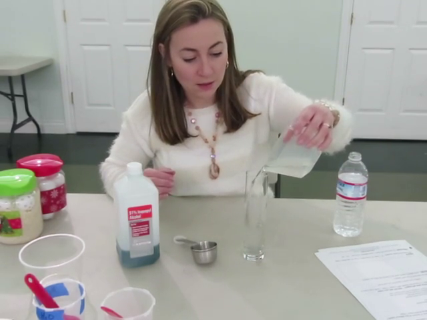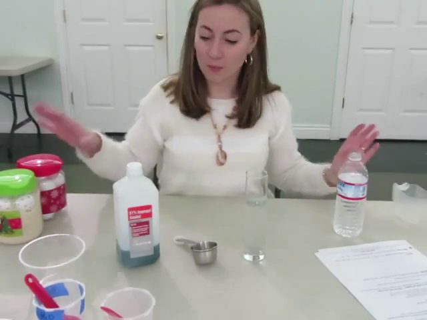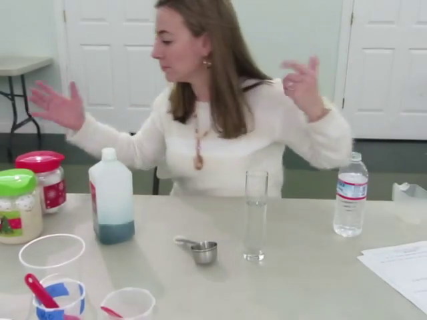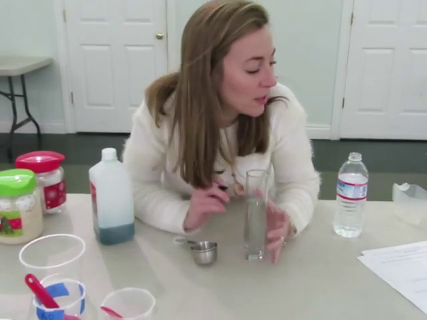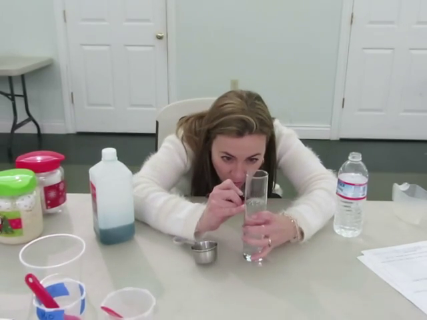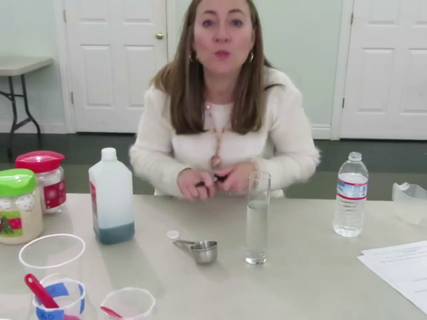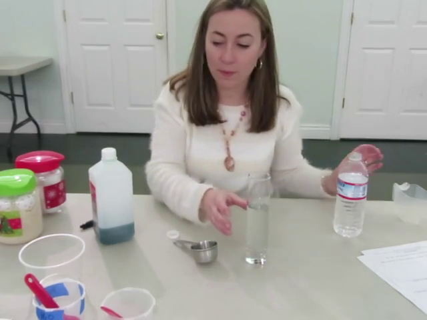And then using a wet erase marker, which I have right here, you go down and you mark your water line. And that tells you where your 2 units of water go up to.